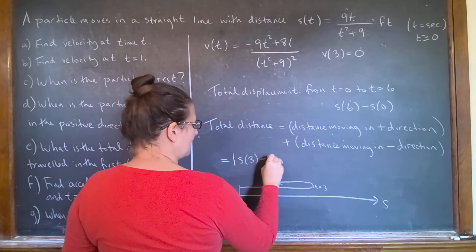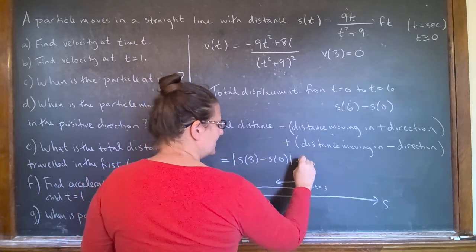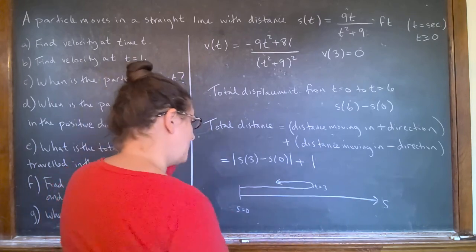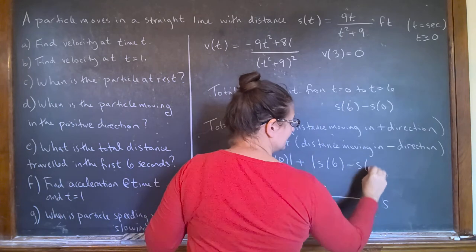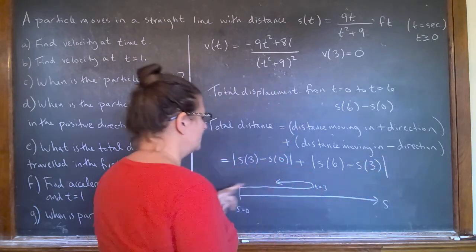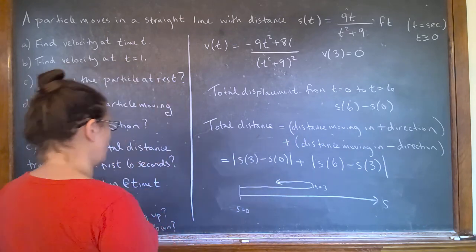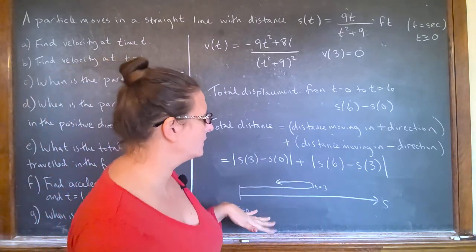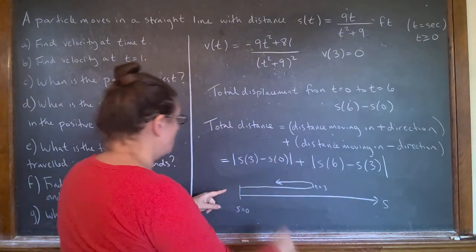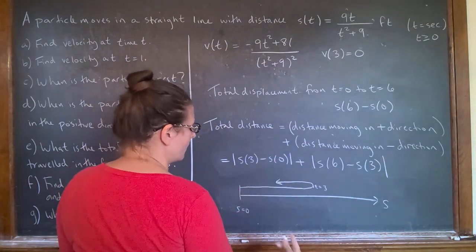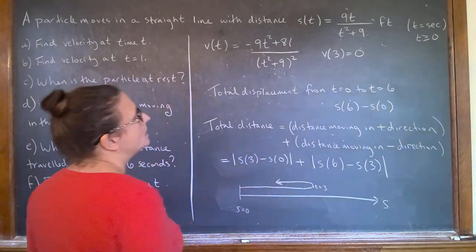That would be s of 3 minus s of 0. That gives me this distance. And I'm going to add it to the amount I moved backwards, s of 6 minus s of 3. Again, a priori, you don't know how far that arrow goes. I'm just using the arrow to illustrate what's going on.